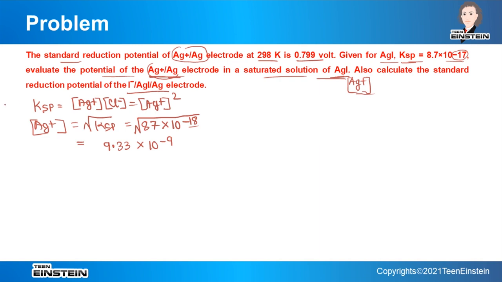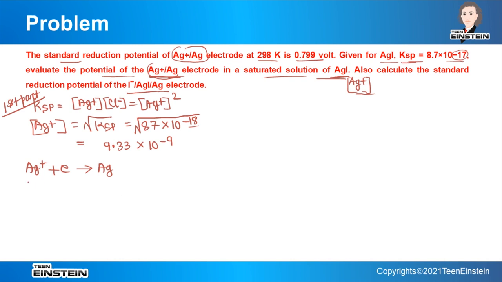So see, this is the first part. Now for the reaction Ag+ + e- gives Ag. As we are doing this only for this half reaction, write it in the format of reduction.